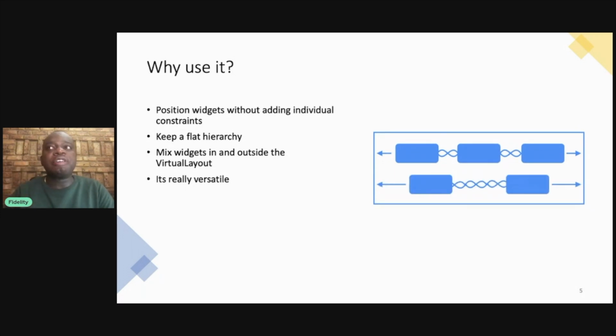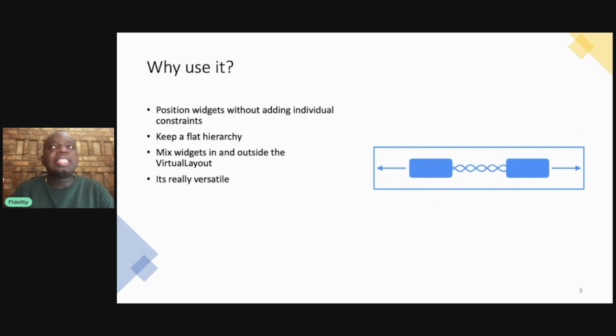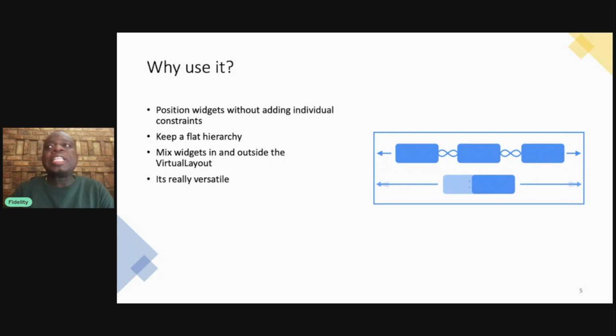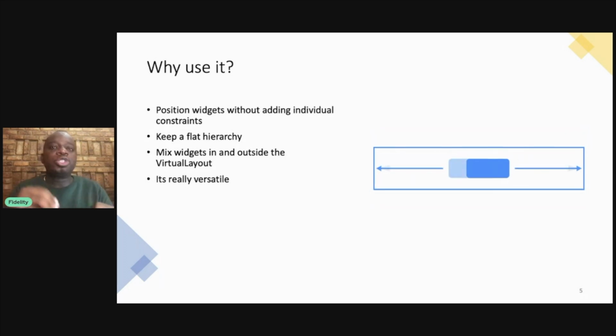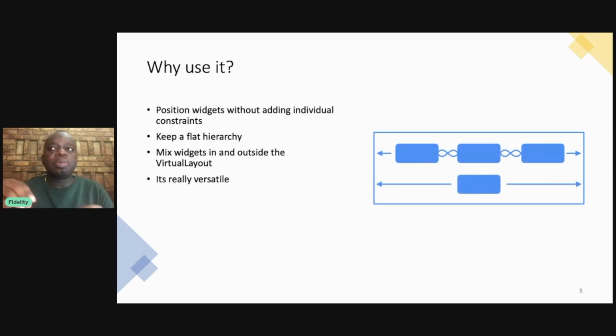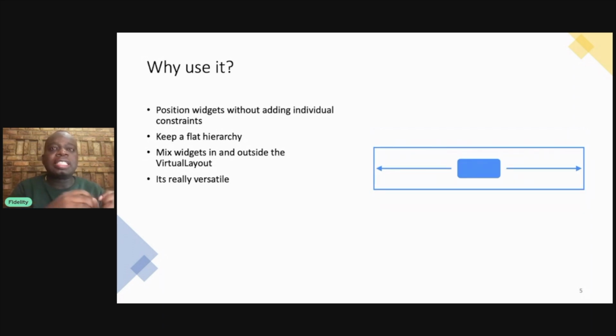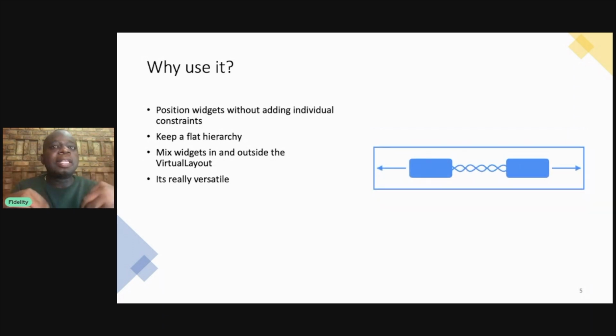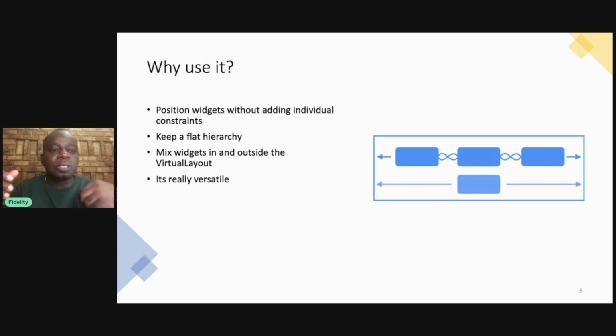You can still reference other views outside that flow. So for example, let's say you've got 6 elements in your flow, and there's something that you don't want to be part of the flow, but you want to position relative to that element. It is still very possible because those elements aren't actually inside another layout. They're still members of the parent constraint layout.